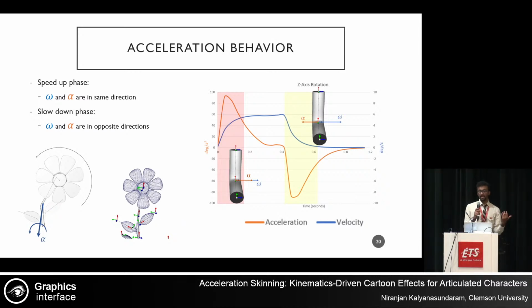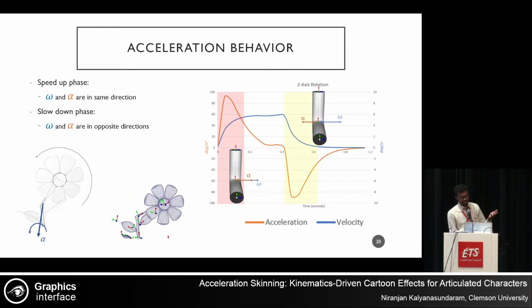So how does this exactly work? Well, this is the behavior of, or relation between, omega or velocity and acceleration alpha. So if you notice, look at the graph, the first highlighted section you see is essentially the speed up phase where the flower is picking up speed and moving. And at this point, the velocity is increasing, the acceleration is also increasing. At the slowdown phase, the velocity is decreasing and the acceleration changes direction.